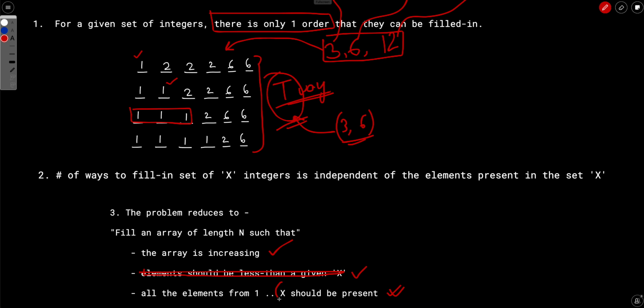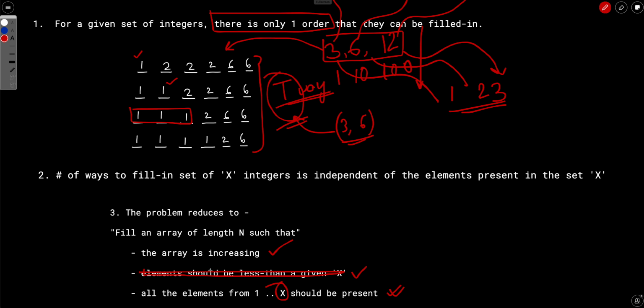Here x is basically the largest. Again, we have 3, 6 and 12, and let's say we also have 1, 10 and 100. All these things are similar, right? So instead of saying 3, 6, 12 or 1, 2, 6, let's say 1, 2, 3. If we have to fill 3 integers, let's say those integers are 1, 2 and 3. We are just mapping 3 to 1, 6 to 2, and 12 to 3.